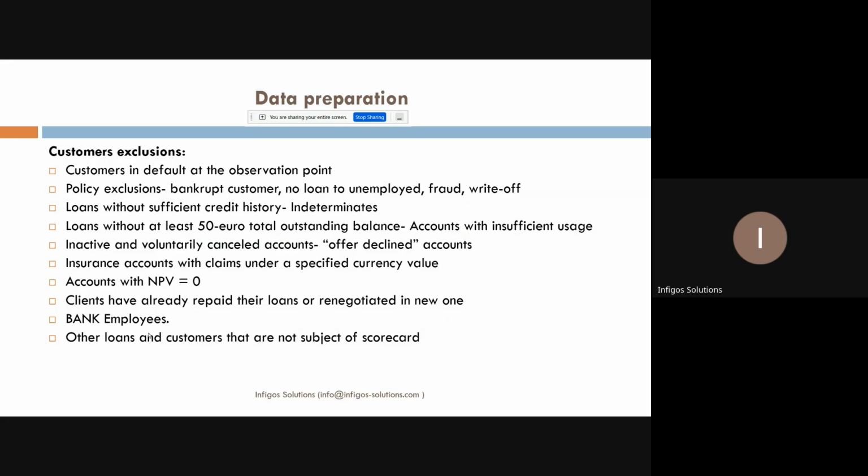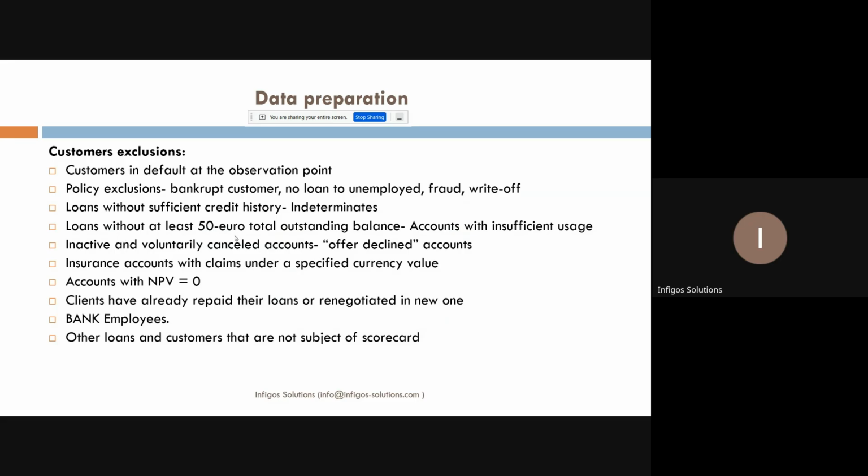These are the customer exclusions. This is taken from Naeem Siddiqui, not rocket science. There are customers who default at the observation point. If somebody is in default, you will exclude him. If somebody is part of a policy exclusion, like bankrupt customers, no loan to employees, fraud, write-off, you will exclude them. Loans without sufficient history, indeterminate, are also excluded.